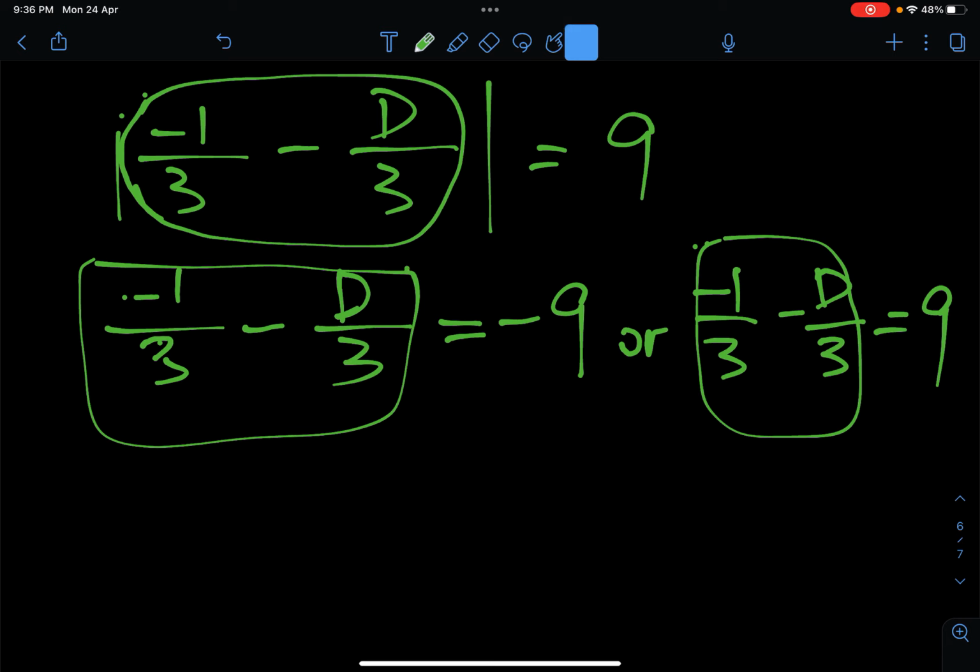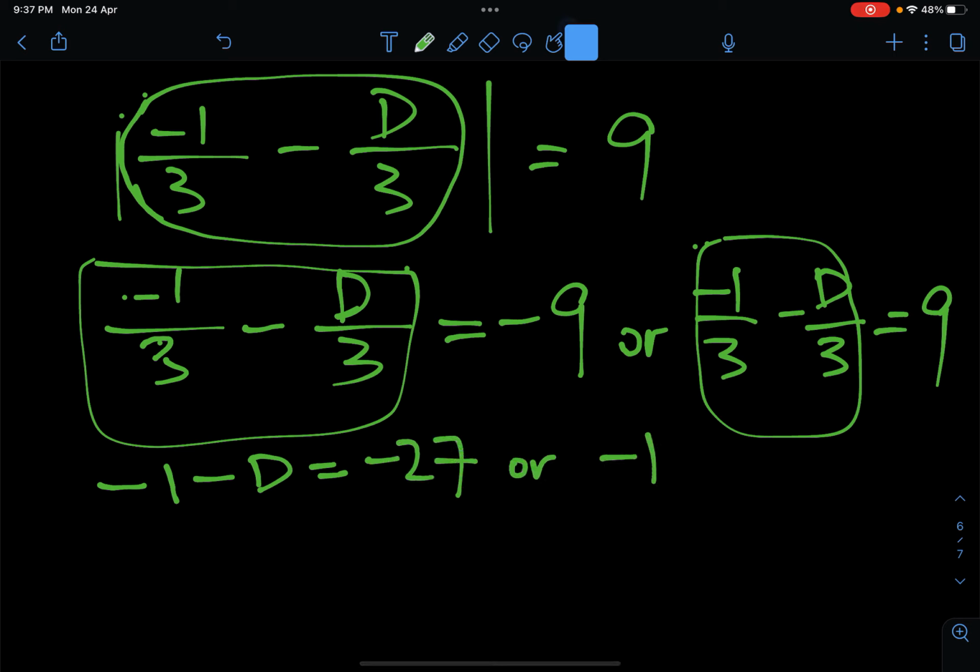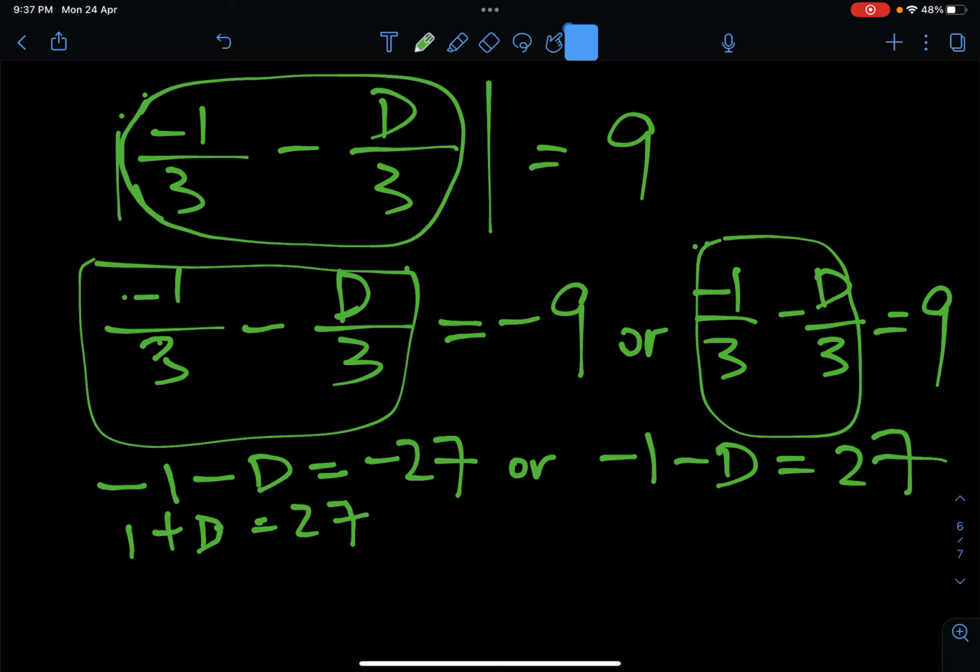Then I'm going to use minus 9 times 3, which is minus 27, or 9 times 3 is 27. So basically minus 1 minus D equals 27, or 1 plus D is equal to minus 27. Taking one case, D is equal to 27 minus 1, which is 26.